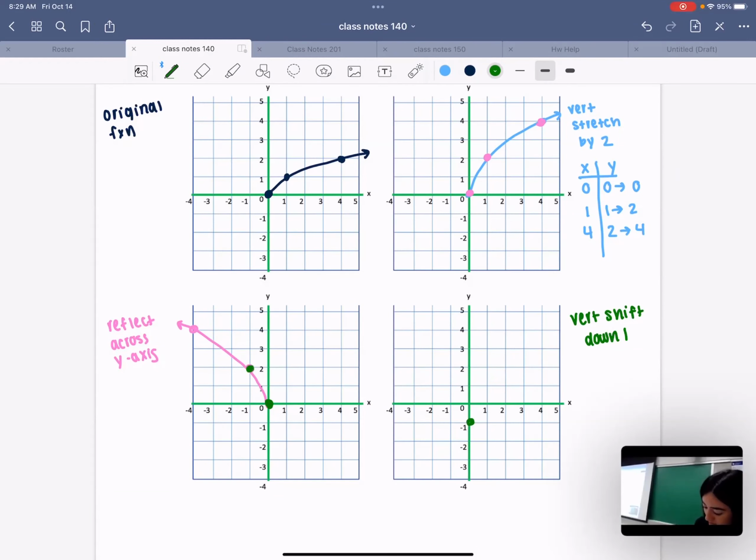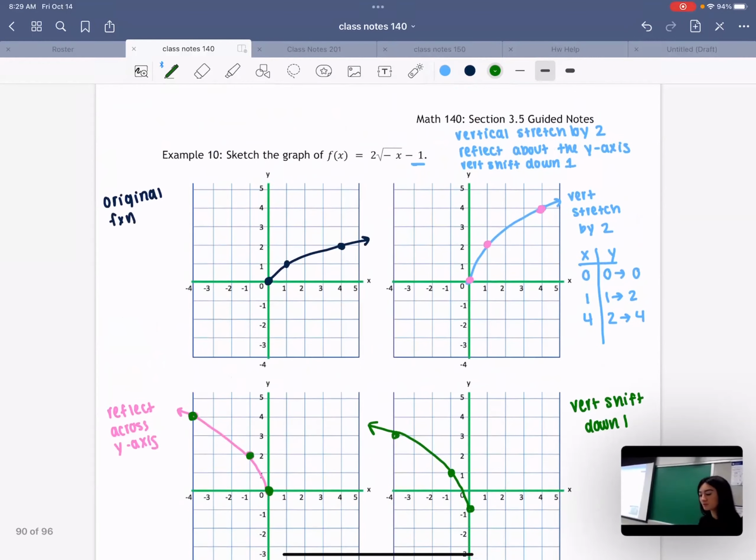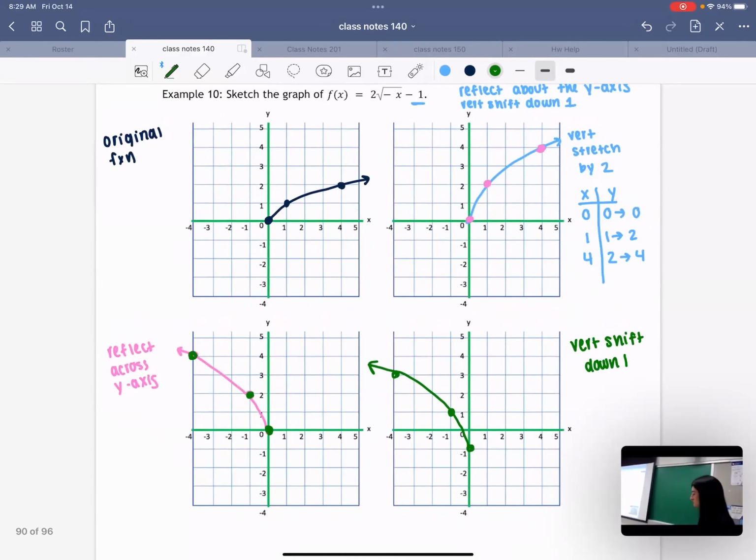I'm going to take my negative 1, 2 point, shift it down 1 to negative 1, 1. And I'm going to take my negative 4, 4 point and shift it down 1 to negative 4, 3. Once I'm done doing that, I can finish up my shape. Looking at my list of transformations, I don't have anything else to do. So it looks like this is my final function.